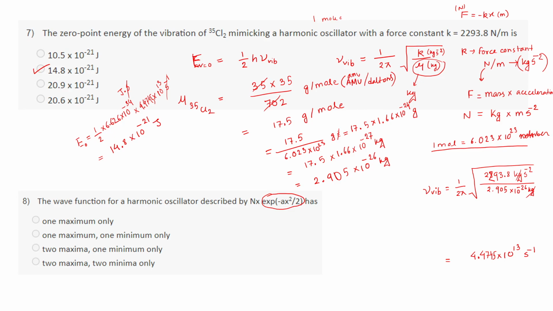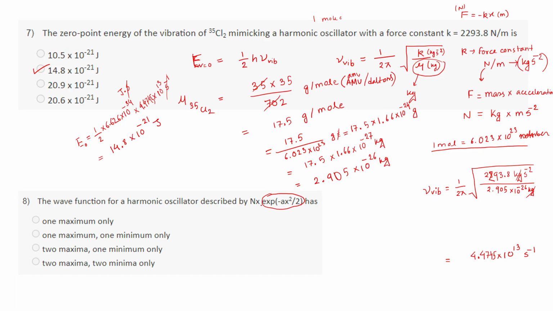Exponential minus x square by 2, how does it look? It's a very common distribution. I am sure you have heard it somewhere. Have you heard of Gaussian distribution or the normal distribution? Yes, this is actually the Gaussian distribution.